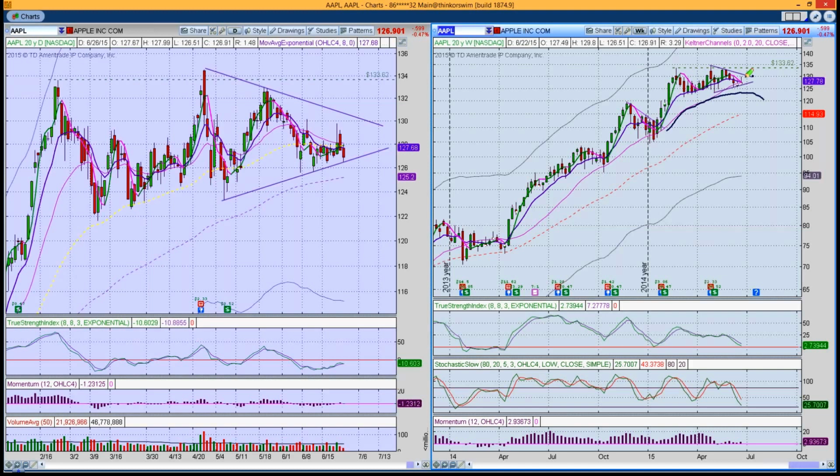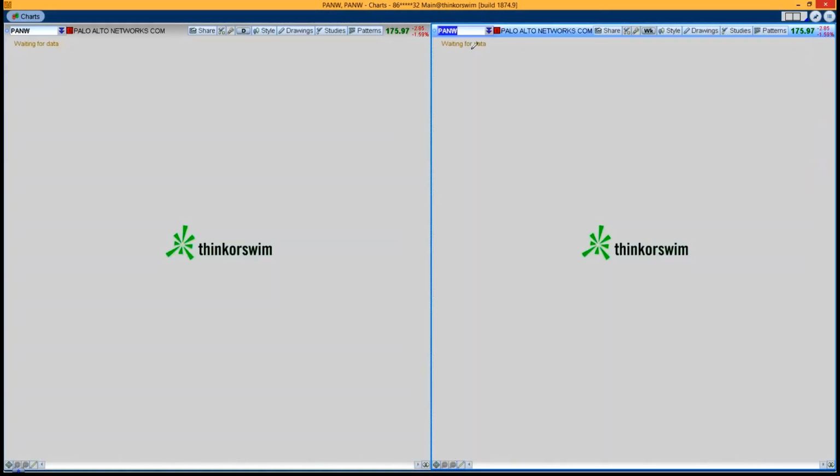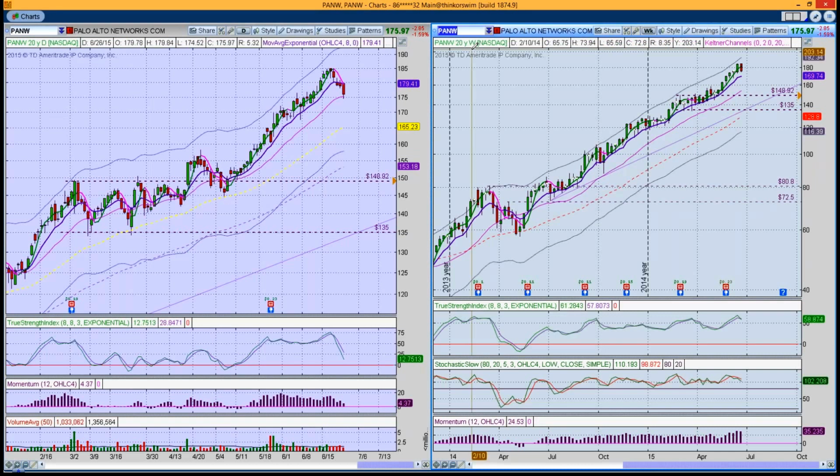And let's see, Susan wants to know about PANW, Palo Alto Networks. Okay, Palo Alto Networks right now, Susan, is into its pullback. And where might it stop?